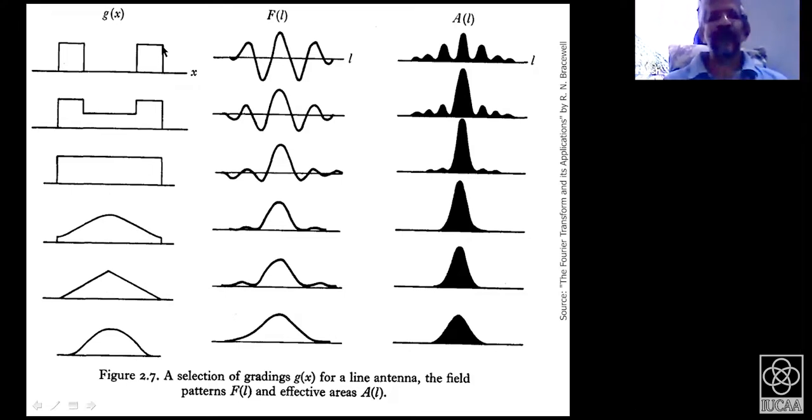And you will find that the function with the wider rectangle will have a narrower sinc function and a taller sinc function because of the area involved. And the narrower rectangular window will have a broader sinc function, and so of a slightly lesser amplitude.